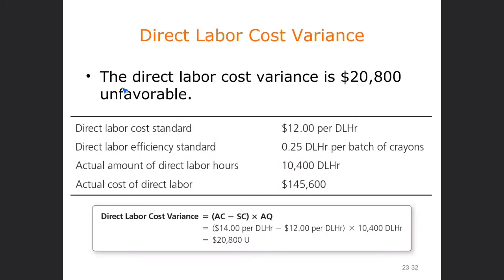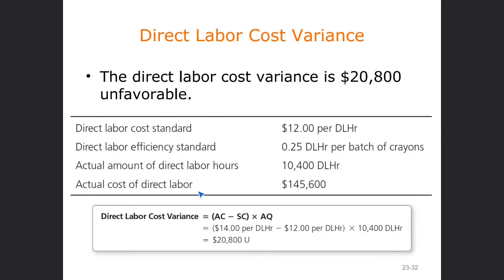For direct labor, the direct labor cost variance is 20,800 unfavorable. To get that, we have our direct labor cost standard of $12 per direct labor hour, direct labor efficiency standard of 0.25 direct labor hour. The actual amount of direct labor hours was 10,400.